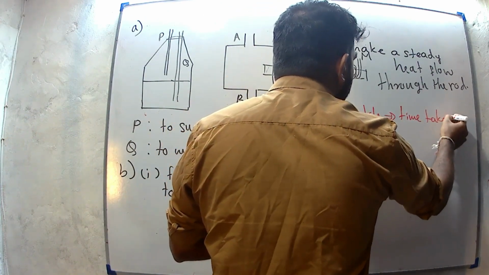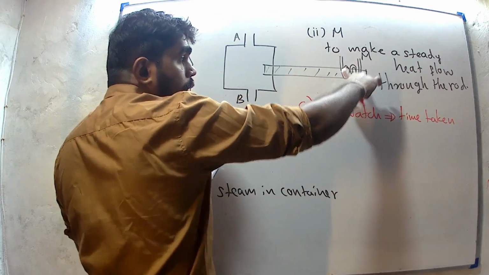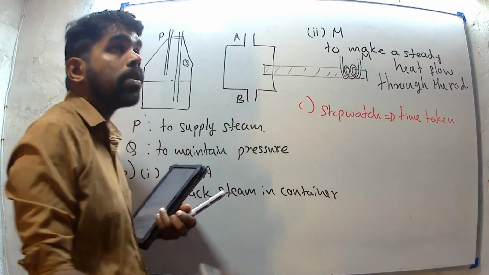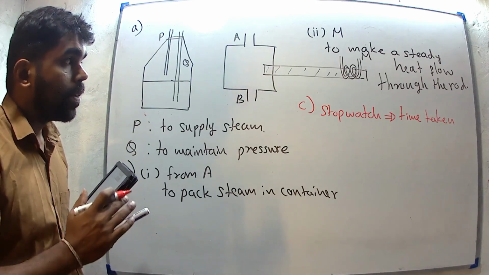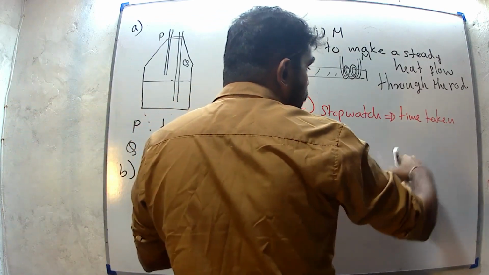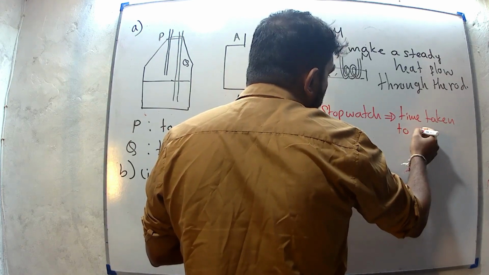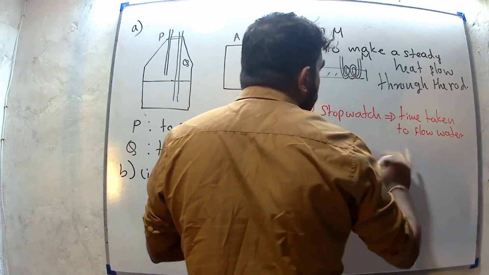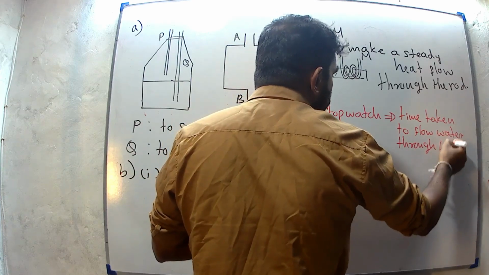We have to collect a water volume through this tube at a constant time when the rod is in steady condition. Therefore, we have to measure the time taken to flow water through the LM tube.